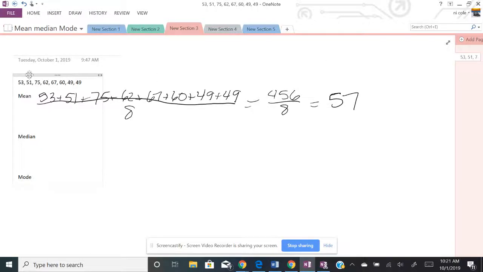Now, they might ask you something like, do you think there's any outliers? In this example, a lot of my numbers are 50 and 60. So my outlier, I would say 75 is a bit of an outlier. If we remove that 75, so that would be doing this without the 75 and making this 7, how does that affect my mean?